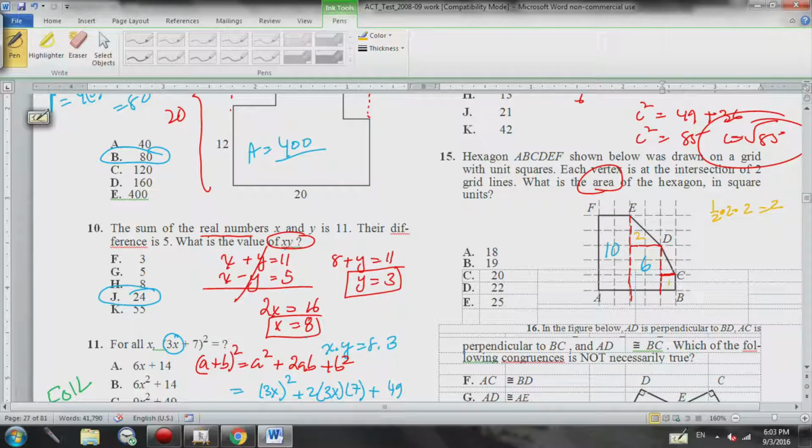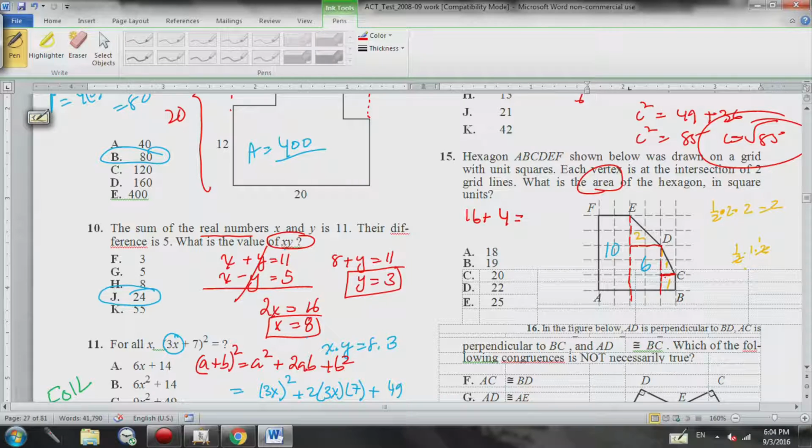All right, and then you have 1 over here. And this one is 2 by 1. That's 1/2 the base, which is 1, times the height, which is 2. So this is 1. Now you add them all up. So it's 10 plus 6, that's 16, plus 2, that's 18, plus 1 is 19. That's that, right?